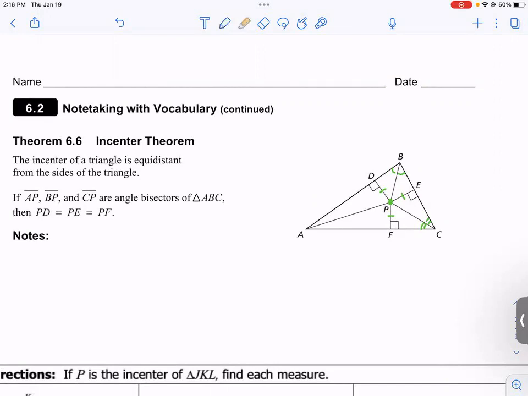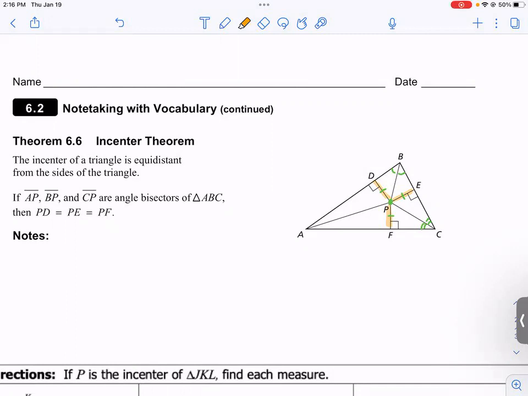These little sides right here that are perpendicular are all the same length. And since the in-center is using angle bisectors, we know about all of these relationships with these angles.